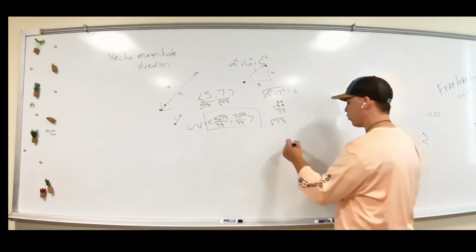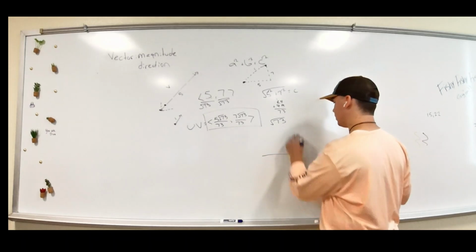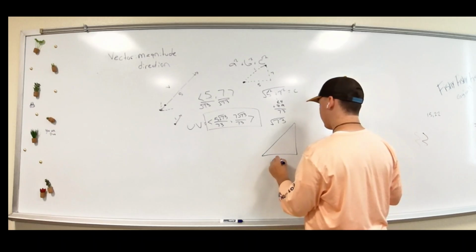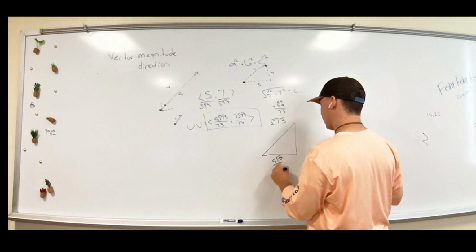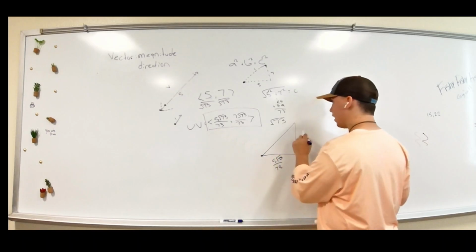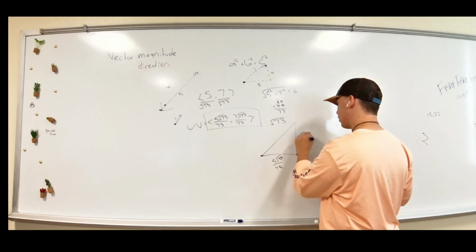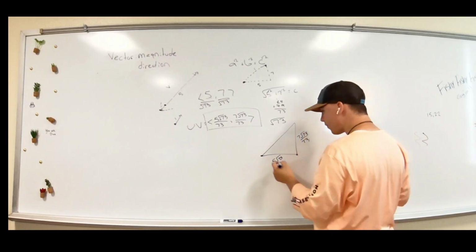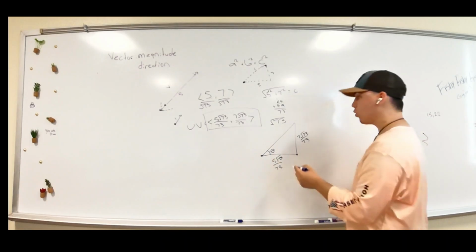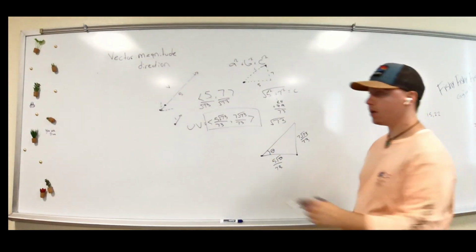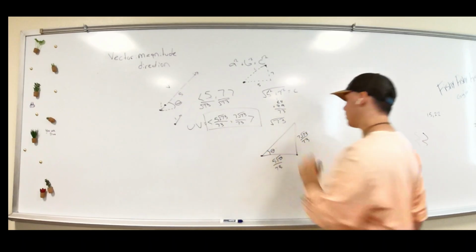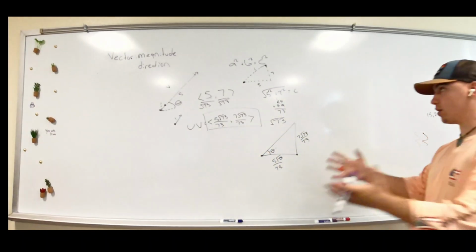So if we drew a triangle like this, and it was 5 root 73 over 73 on the x-axis, which is our x-coordinate, and our height was 7 root 73 over 73, this angle right here, angle theta, is going to be exactly the same as the angle of the original vector. And that's why the unit vector is important.